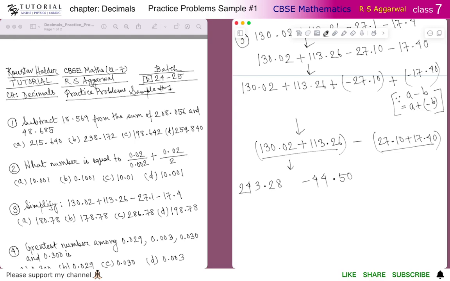I hope I am right. Very prone to make calculation mistakes. Okay, now we have to do this subtraction.